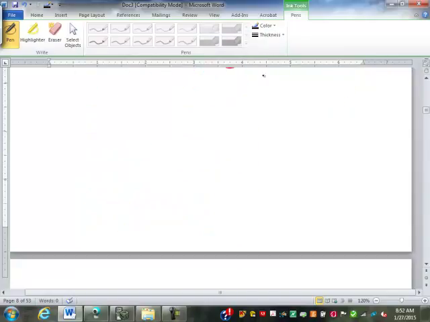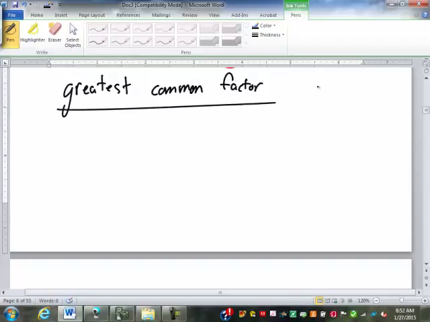The other way is a greatest common factor. Remember, a factor is one of these smaller numbers that divide into it. We want to find the largest common factor. This could be like for reducing a fraction. What's the largest number that divides into both the numerator and denominator? To find the greatest common factor, or GCF, of, let's do 18 and 30.